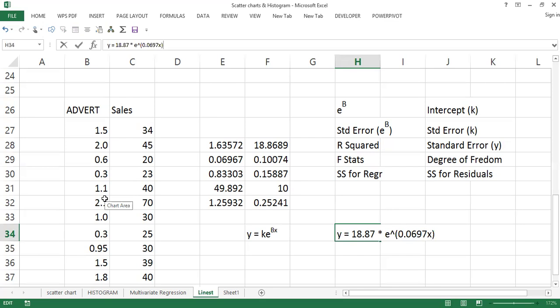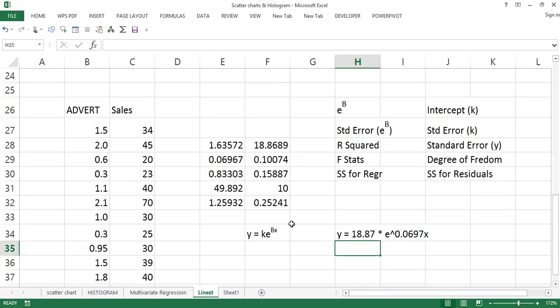Or you can say times 2.71, which is exponential raised to the power of 0.06. Okay, so you think this should be it? Yes.